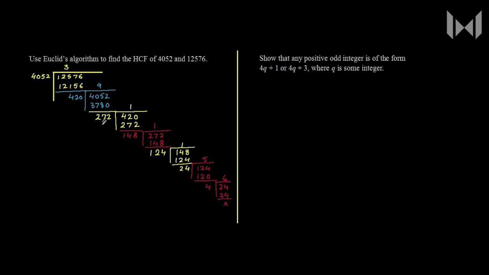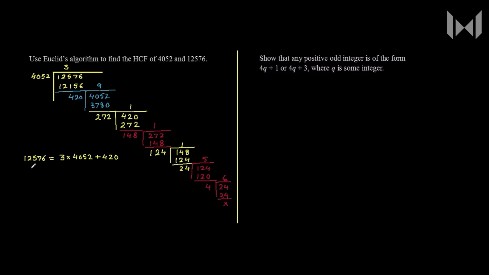So how do we express this in Euclid's division algorithm? We start with 12576, that can be written as 3 times 4052 plus 420.